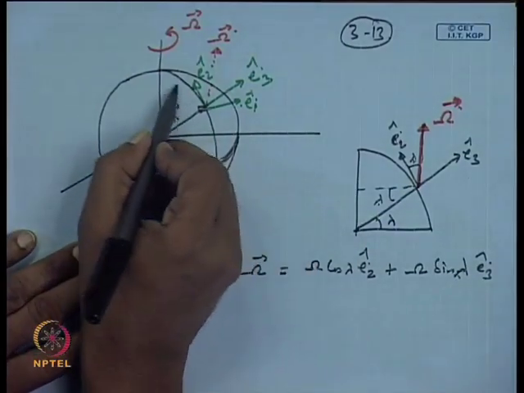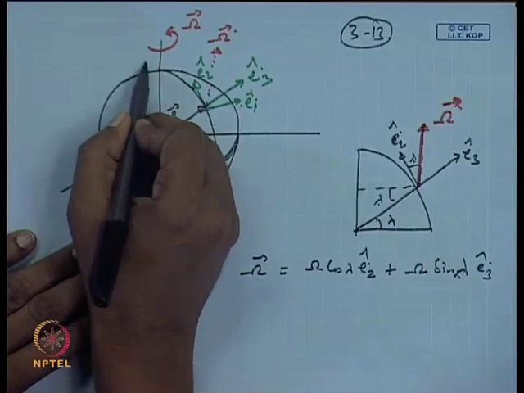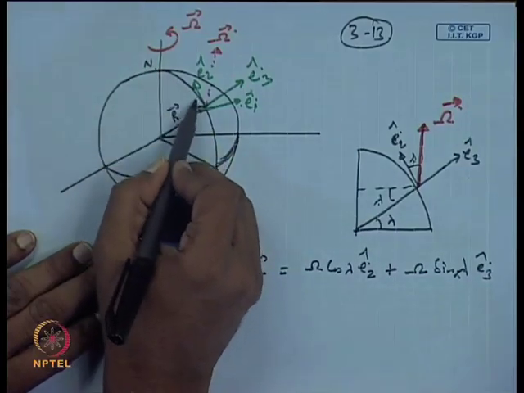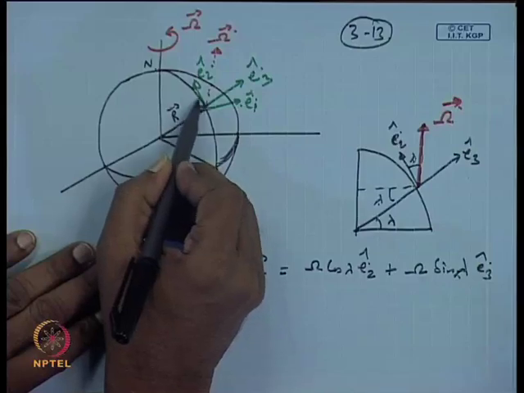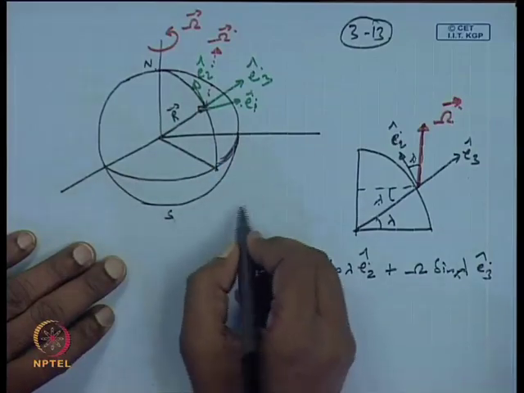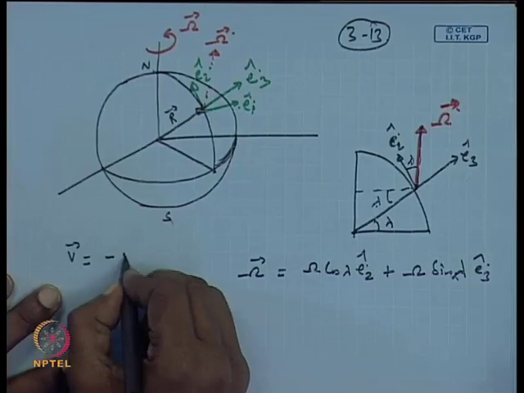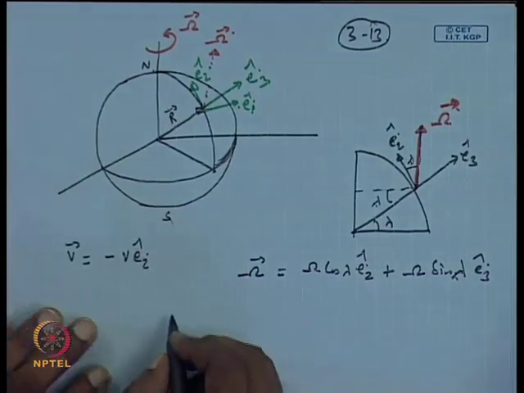Now, suppose the wind is coming from the north pole, this is your north pole and below is the south pole. So, wind is coming from this direction. So, here I can show that the wind is in the direction V, I can write as minus V times E2 cap.